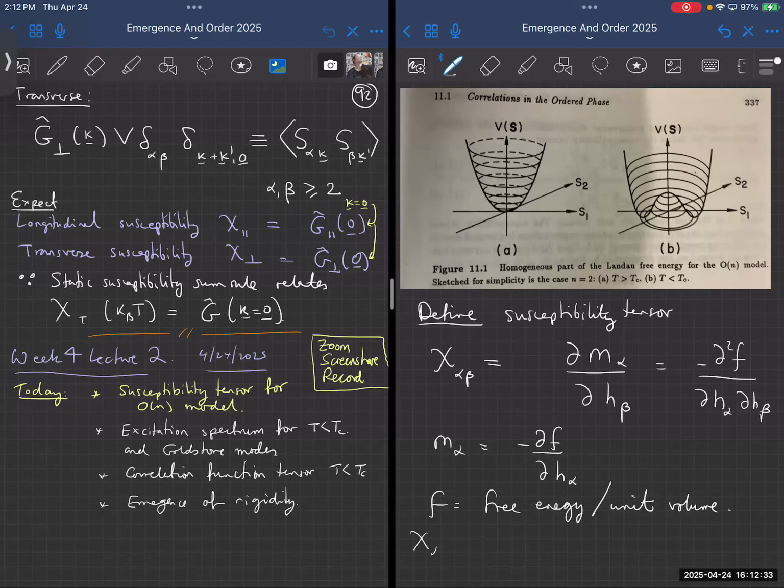So chi alpha beta answers the question of how much the alpha-th component of magnetization, order parameter more generally, changes when the beta component of the external field changes.